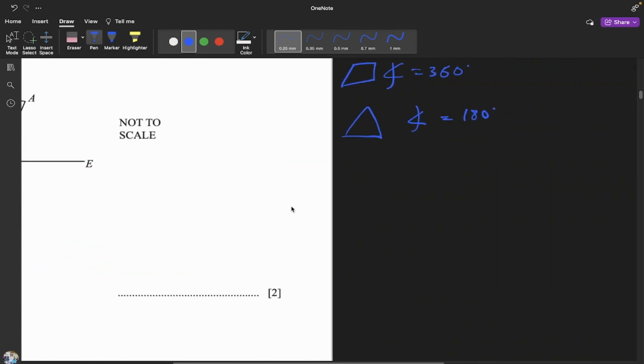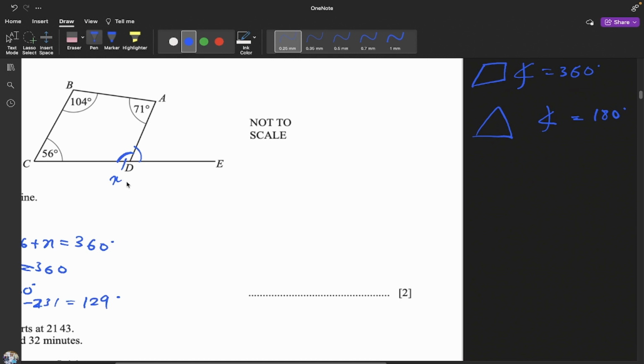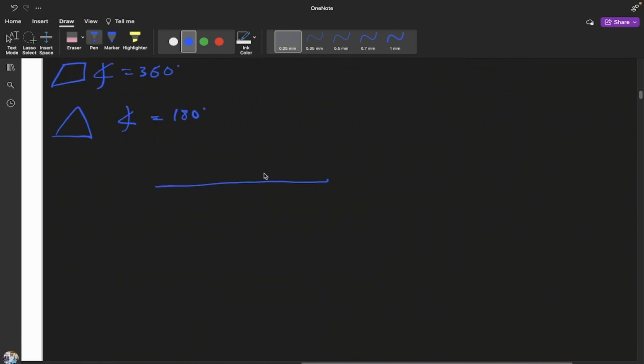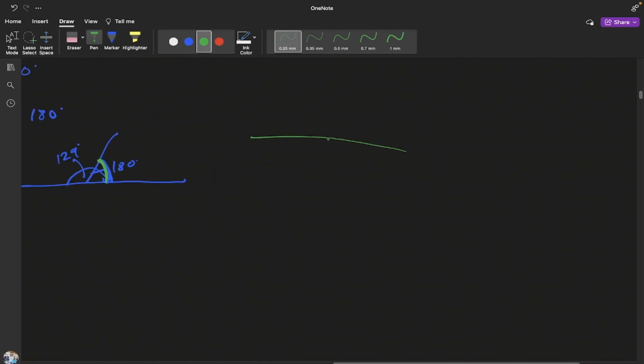Remember, we have found only x. The answer is not x. We need to find ADE. The angle on a straight line is 180. This angle is 129, and you need to find the remaining angle.